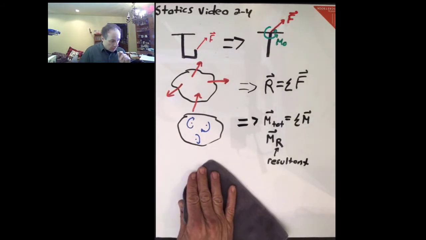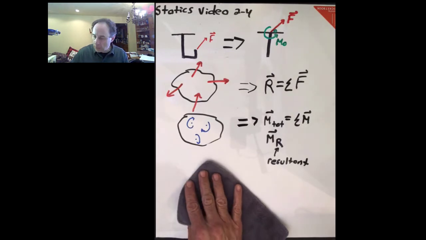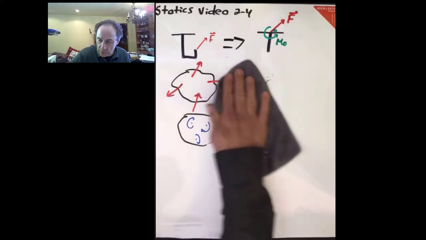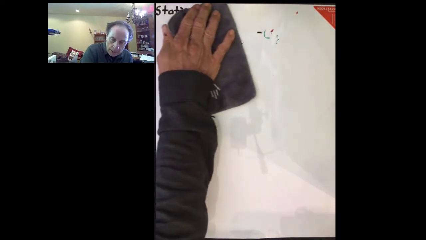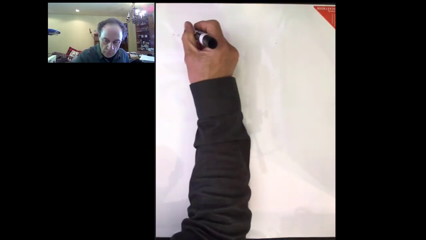All right, so since we're taking some time to look at the summing of moments and forces, there's one other particular situation that comes up frequently that has a special name. They're called couples. And I don't know if you remember the big old steering wheels on buses, or maybe you've seen a big old steering wheel on a boat.